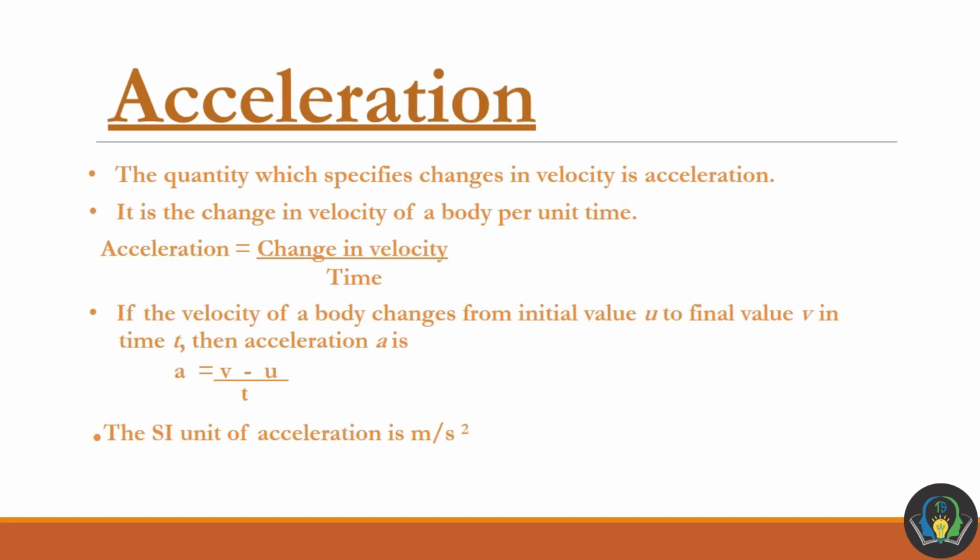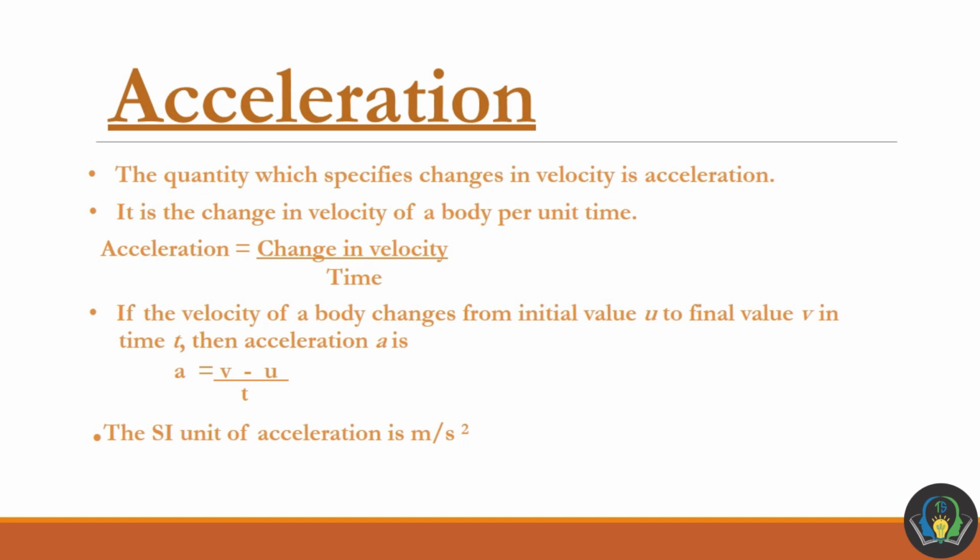Coming on to the next topic, that is acceleration. Whenever we say that we are moving from 0 to 100 km/h in 10 seconds, there is a change in velocity from 0 to 100, and that is what is known as acceleration, from 0 to 100 in some unit time.